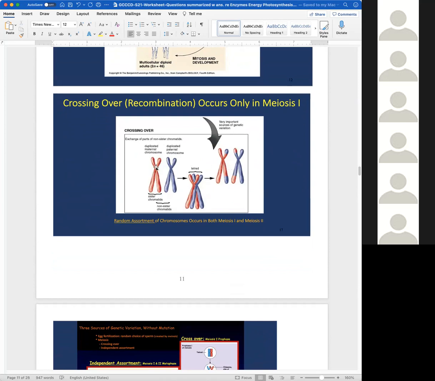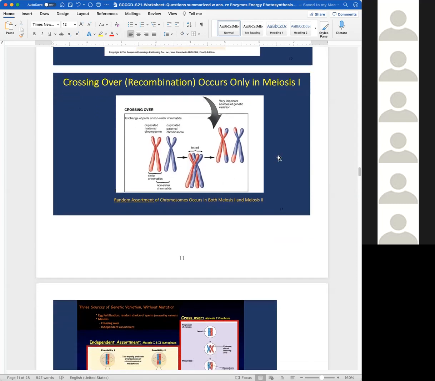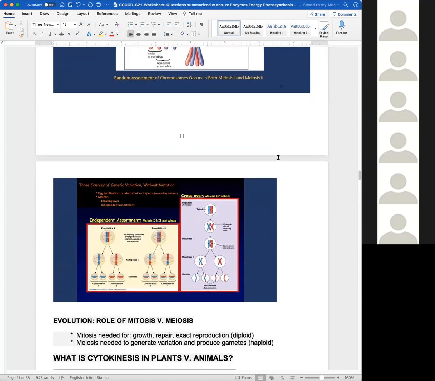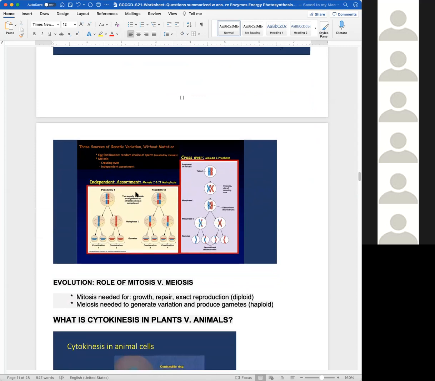Illustrated here, you start out with a blue one and a red one, you end up with a red and a blue, and also a red with blue tips and a blue with red tips. So this occurs only in meiosis 1, and it is a source of variation. Independent assortment occurs in both meiosis 1 and meiosis 2. So that is another source of genetic variation.